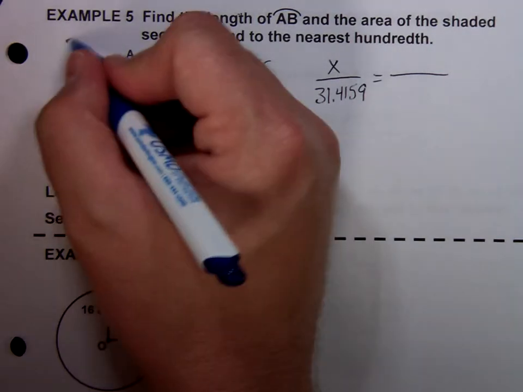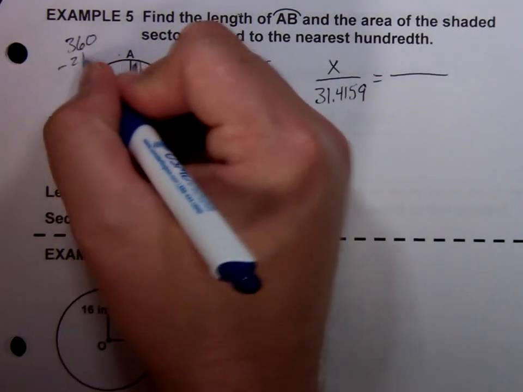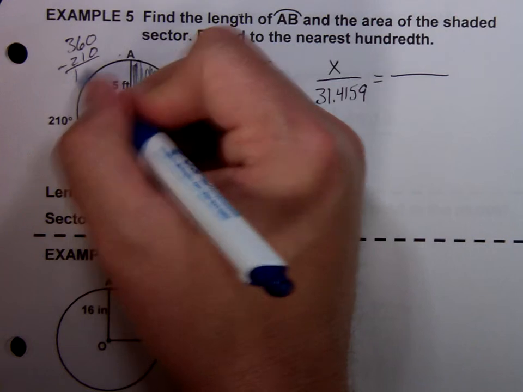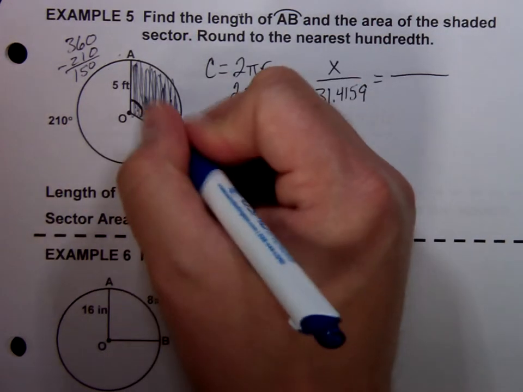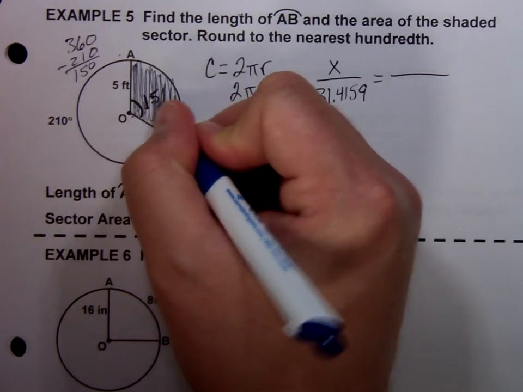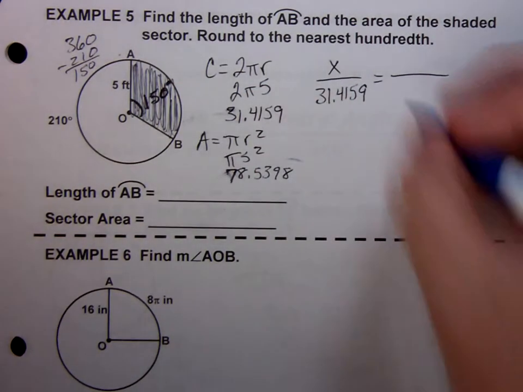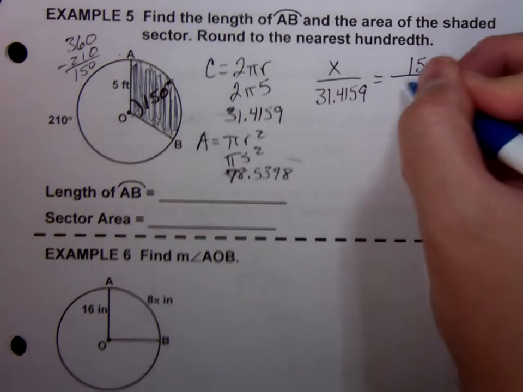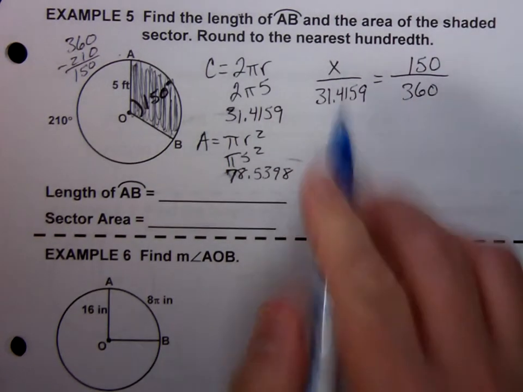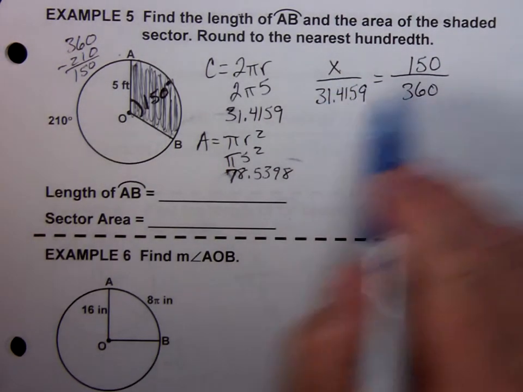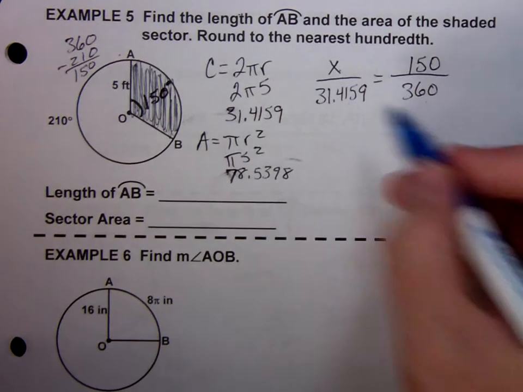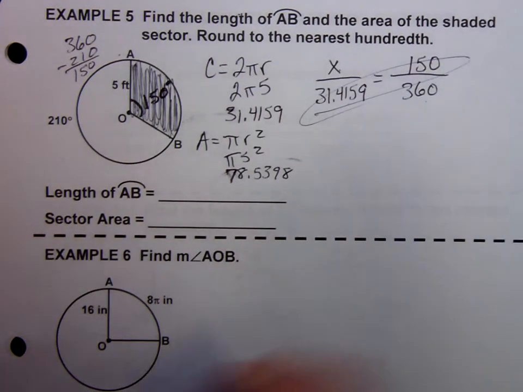So I got 360 minus 210 leaves me with 150. So I know that this angle right in here is 150 degrees. So 150 over 360. Arc length, which we don't know, over circumference, central angle over 360. Cross multiply. Multiply those, divide by 360.